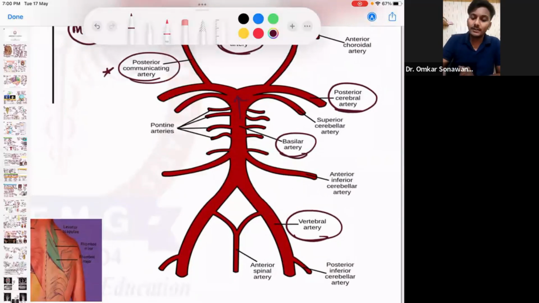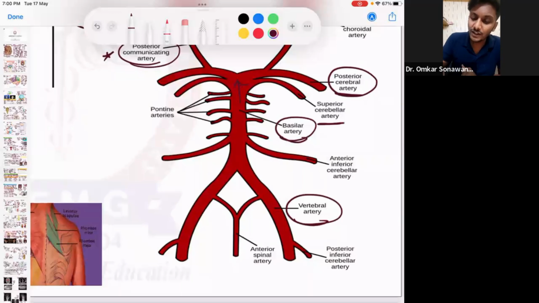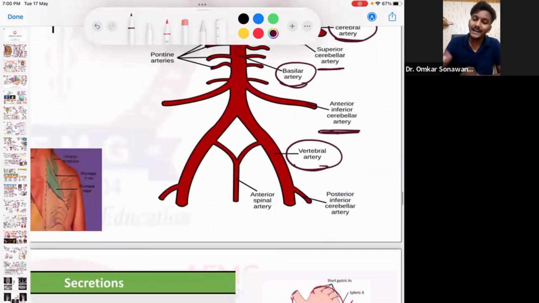Beneath the posterior cerebral you can see the superior cerebellar artery. Below that, the largest branch is the anterior inferior cerebellar artery, AICA. And lastly, from the vertebral artery two branches arise, known as PICA, posterior inferior cerebellar artery.